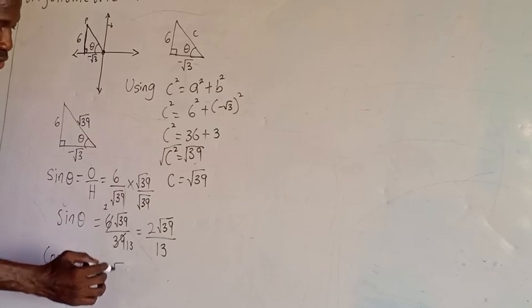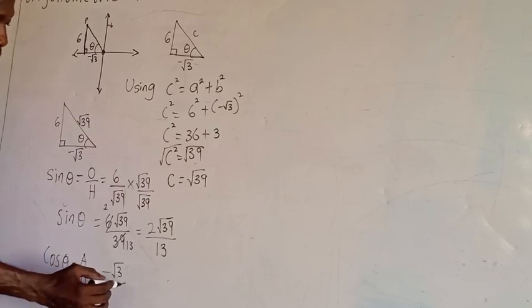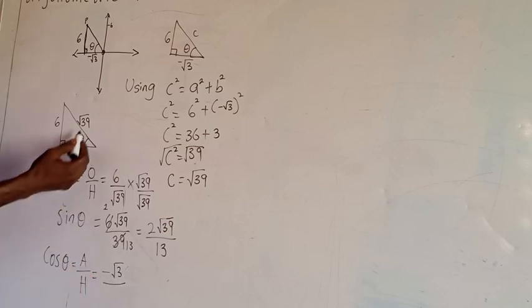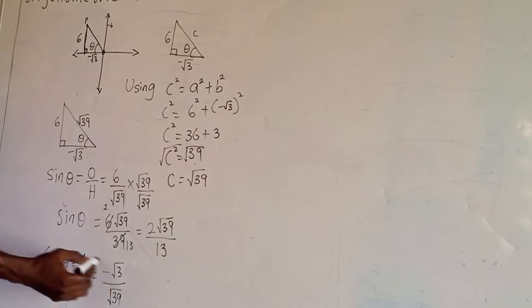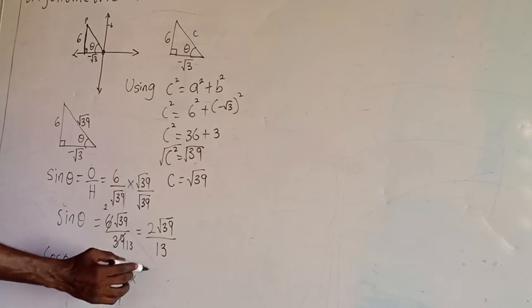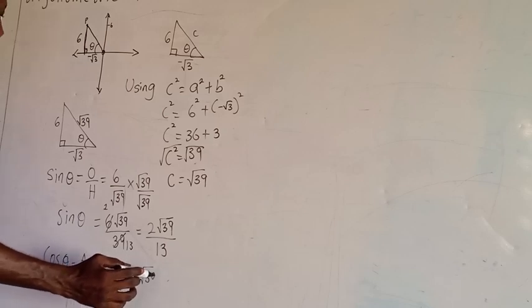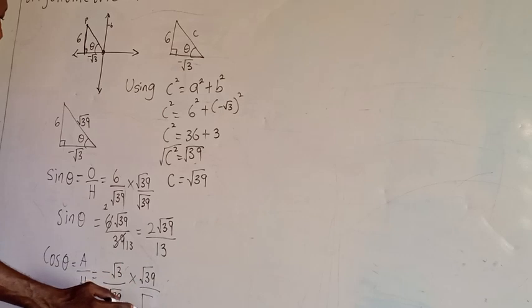Place your minus root 3 at the top side of the numerator, over the hypotenuse, which is root 39. Don't forget, we are going to rationalize the denominator, so times root 39 over root 39.